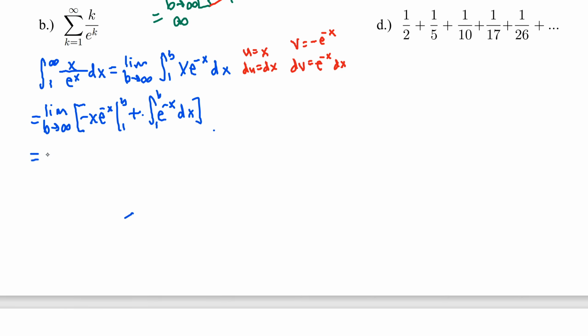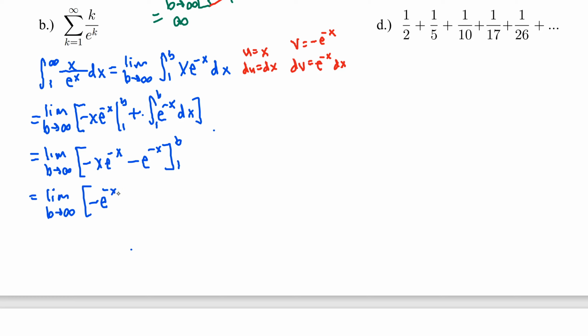As is usual with integration by parts, that second integral is pretty easy to evaluate. When we integrate e to the negative x, we get negative e to the negative x. Now we can run the whole thing from 1 to b. One thing that might be convenient for this limit is to factor out our GCF, negative e to the negative x, leaving behind x plus 1.